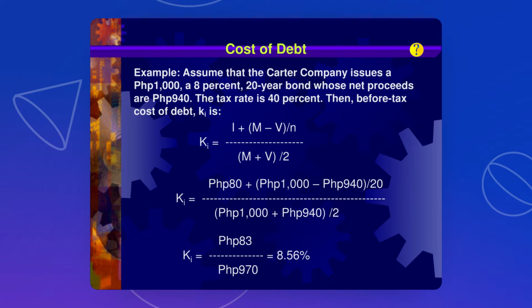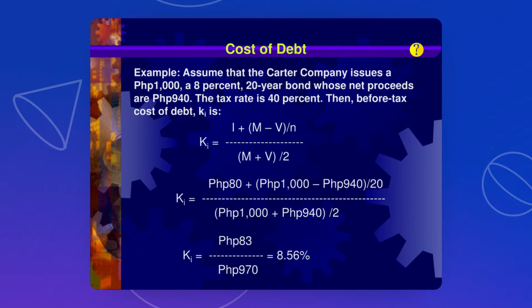Then the before tax cost of debt is KI equals I, where I is your interest, so 1,000 times 8%, you have 80. M is usually the par value of the bond, which is 1,000. And the 940 here is the market value minus flotation cost or any underpricing cost. Just divide it by 20 because the bond term is 20 years here.